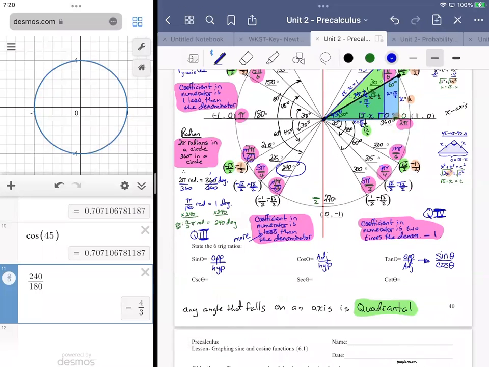Cosecant is hypotenuse over opposite, but a consequence of that is that it's the reciprocal of the sine function. Secant is hypotenuse over adjacent, which gives a consequence of 1 over cosine. And cotangent is the reciprocal of tangent, adjacent over opposite.